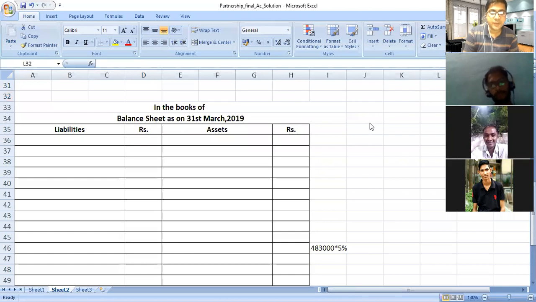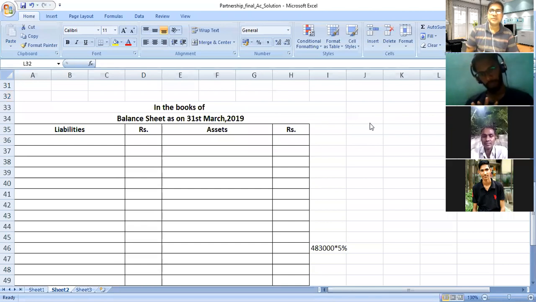I repeat again: gross profit will come 96,000. Keep that in mind, or you can put it in your notebook. Net profit will come 61,050.